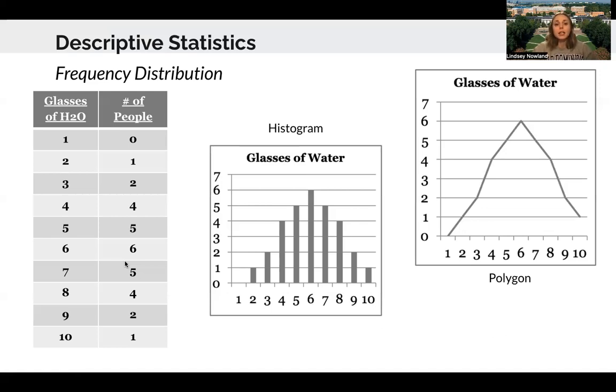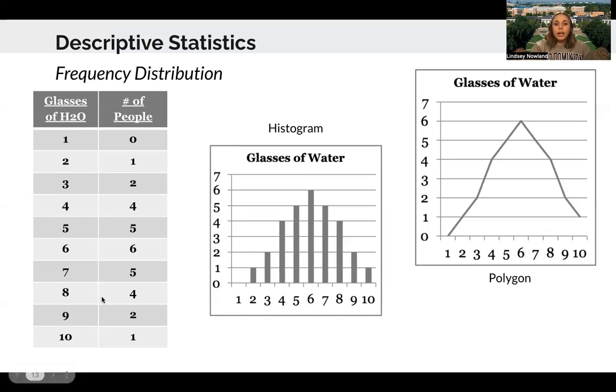So in this case, you can see by the histogram and the polygon, what they've done here was plotted the independent variable, or the glasses of H2O, how many glasses of H2O did someone drink, along the x-axis down here at the bottom. And the number of participants was plotted in numerical order along the y-axis.